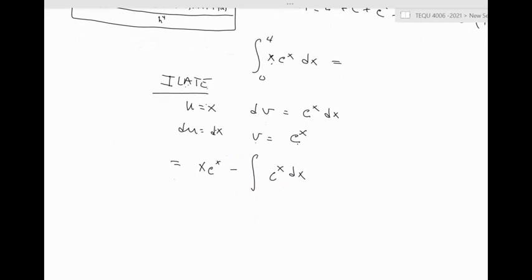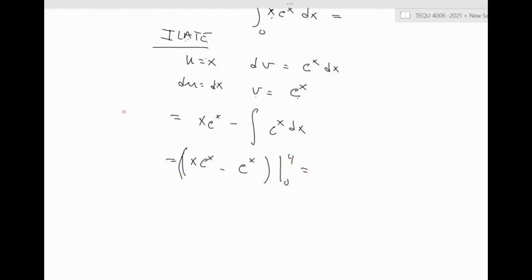So the final result of this will be x e^x minus e^x. And that's it. But now we need to evaluate this between 0 and 4, and that will be the result.